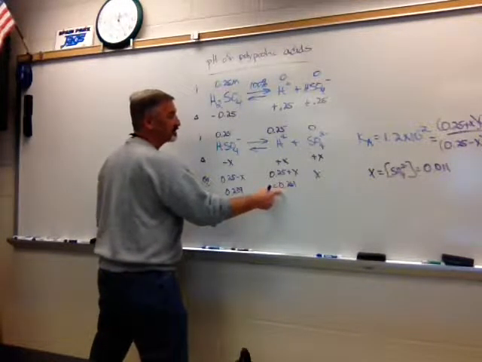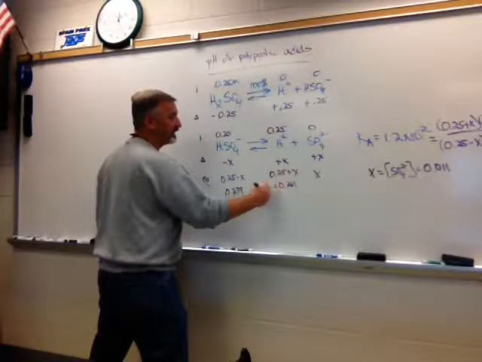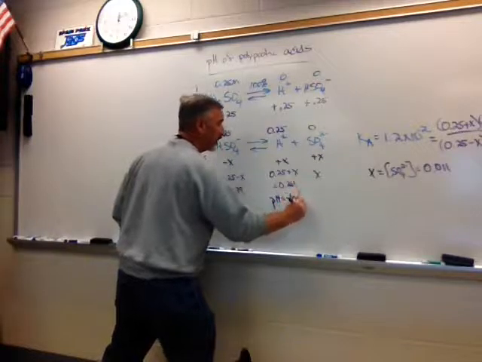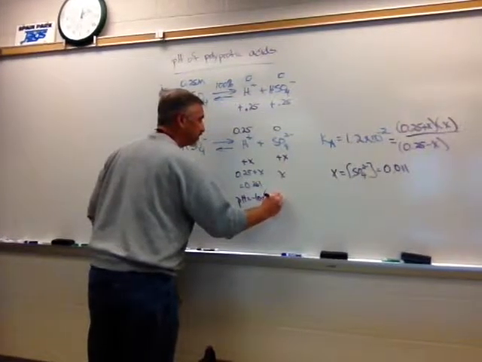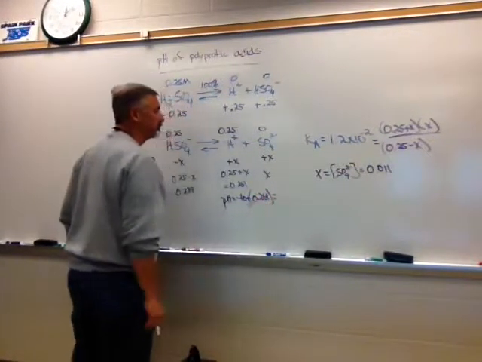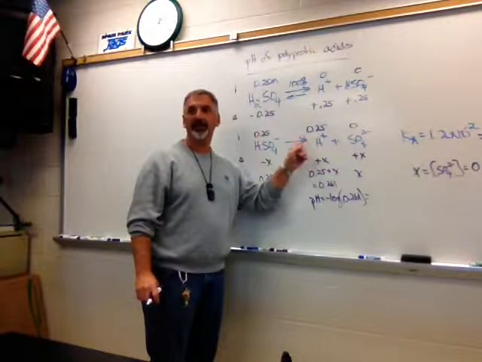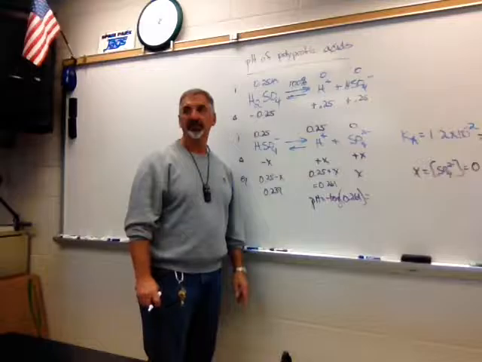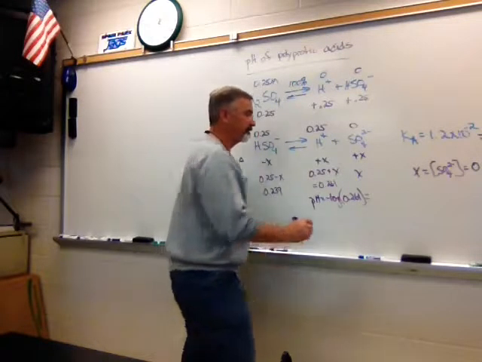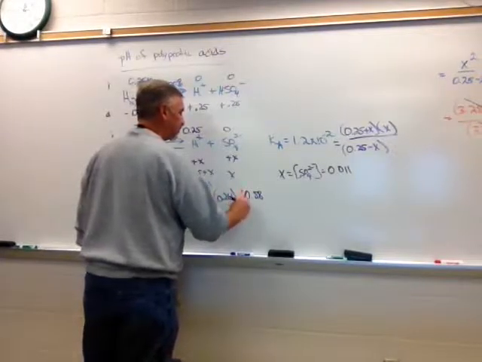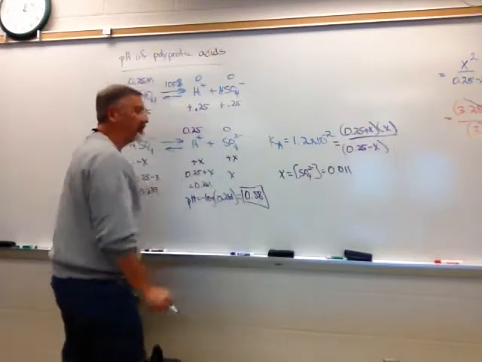That's this final H plus concentration. So now the pH is the negative log of 0.261. Now notice again, the majority of the H plus came from the first one. It's 0.58. Is the pH.